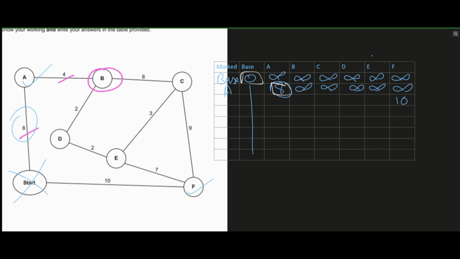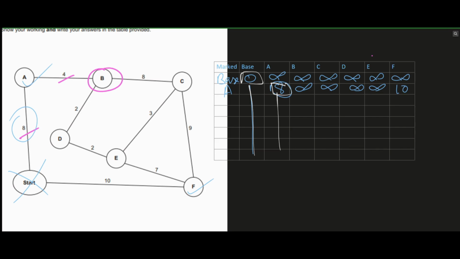Sorry, I made a mistake over here. Actually we should write 10 here itself, because I can go directly from start to F. The shortest distance is still 8. So now I cannot write anything here as well.